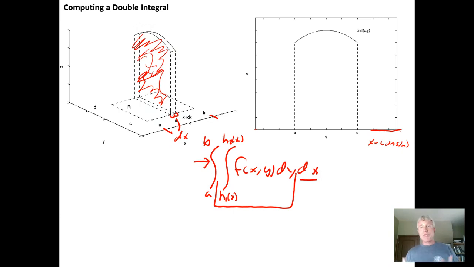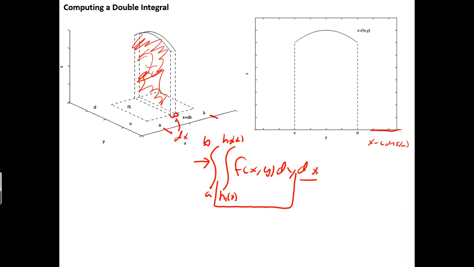When we integrate under a surface, we're getting a volume, and the volume, depending on your location, could be a signed volume.